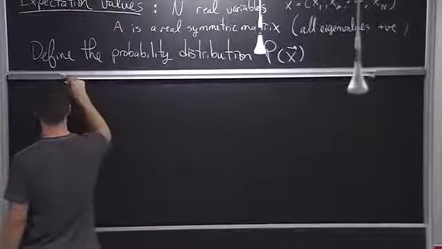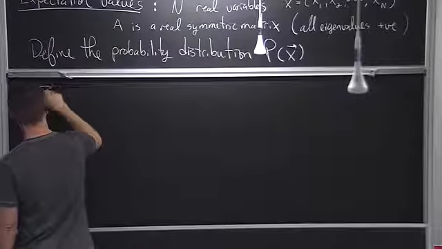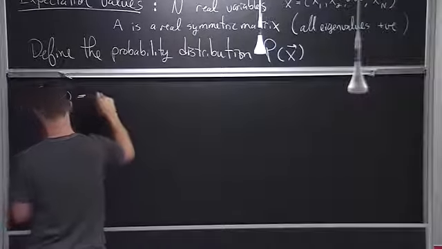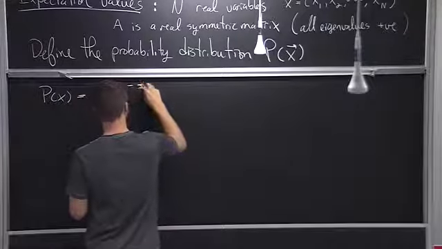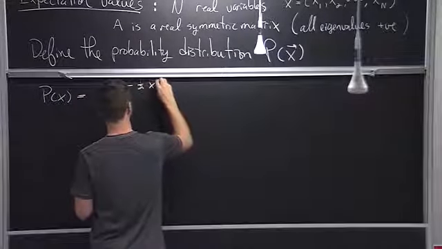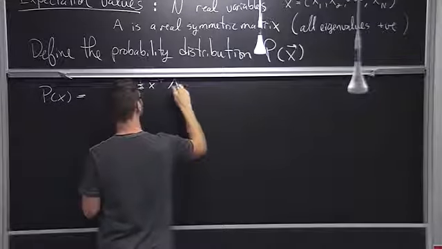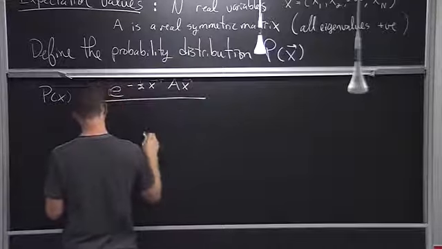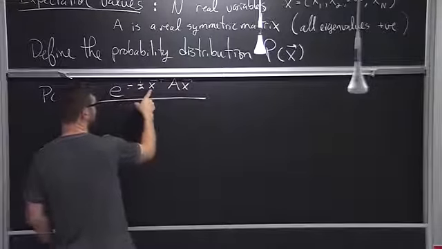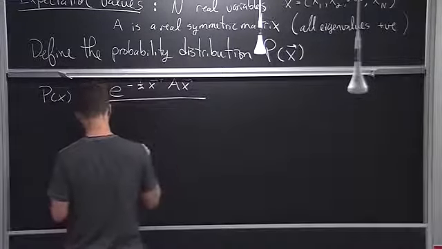I want something that's reminding you of a Boltzmann weight, but it's written in terms of these discrete variables. So that's the transpose of that vector, that's the matrix, that's the vector.